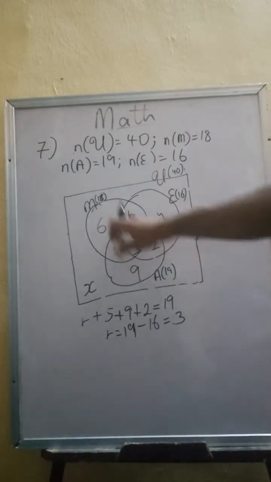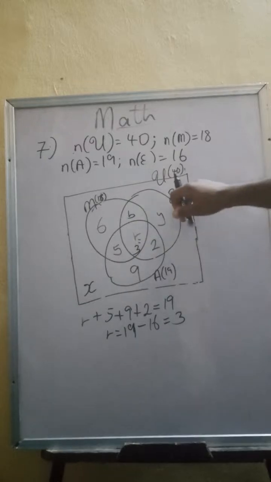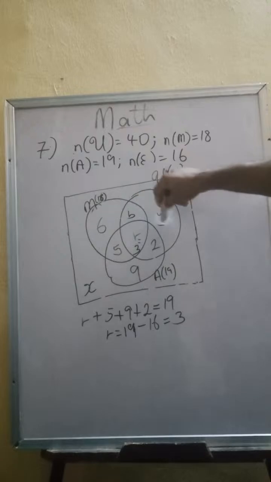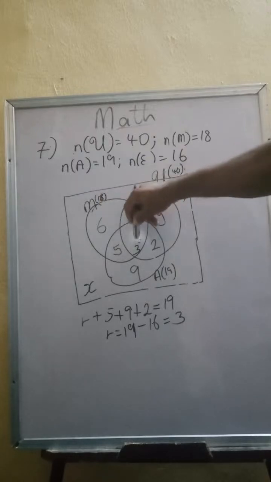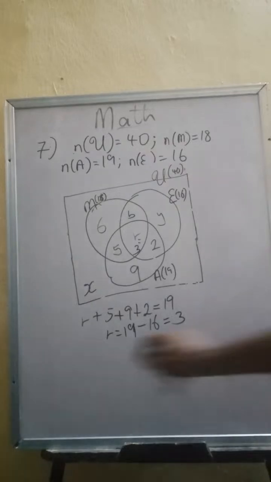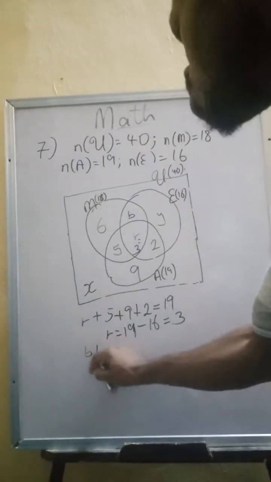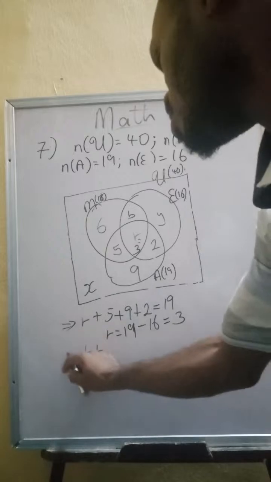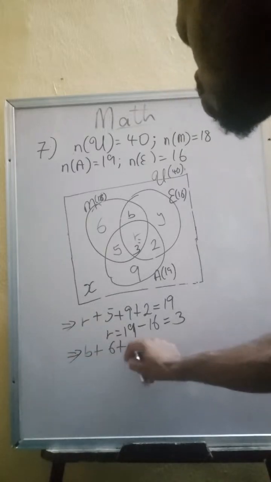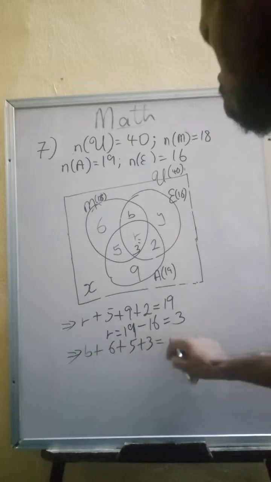Move on to M, because if you go on with economics, you still have 2 unknowns to sort out. But here, since 1 has been sorted out, it becomes easy to find B. And so B plus 6 plus 5 plus 3 equals 18.